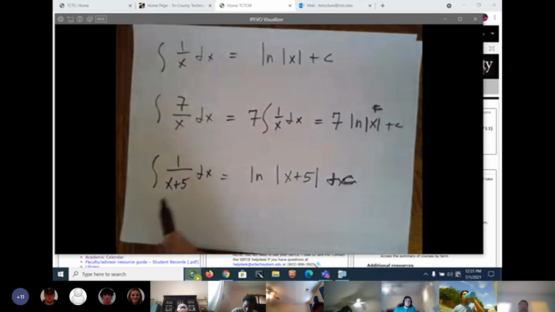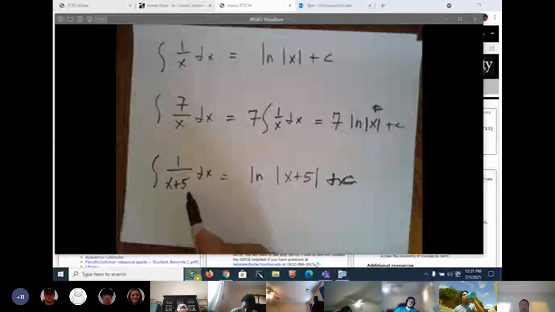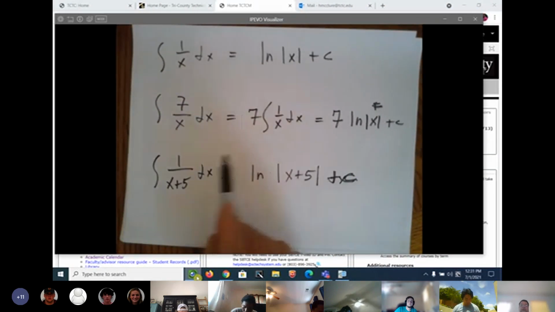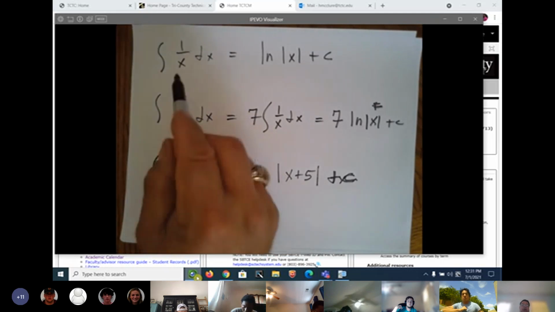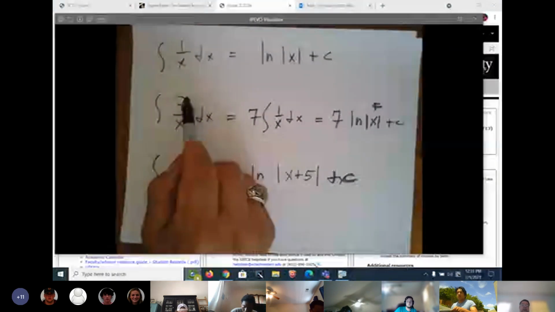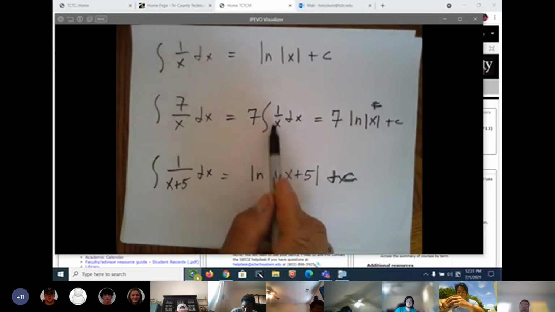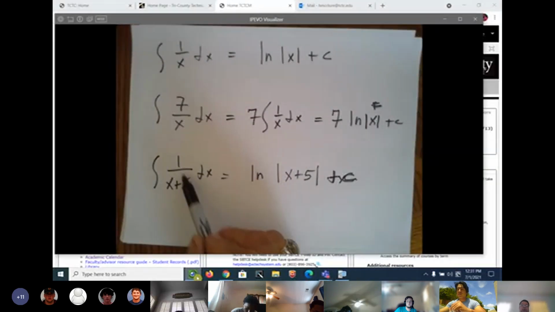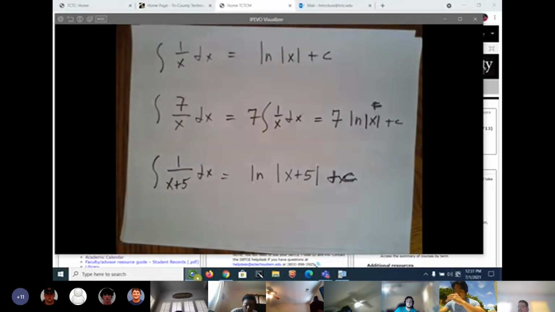Okay, so there's a little bit of a taste of a natural log. And of course, you've got the natural log on your cheat sheet. But I just wanted to make sure you understood that you don't use the power rule with the natural log. You just take whatever, pull it out, and then do 1 over x, or 1 over x plus 5.